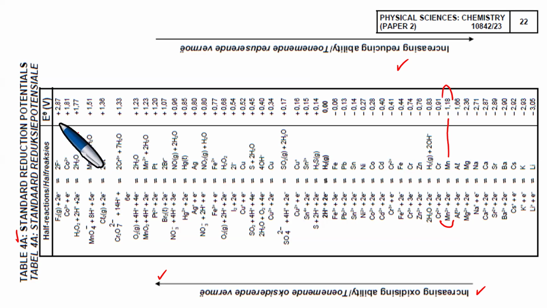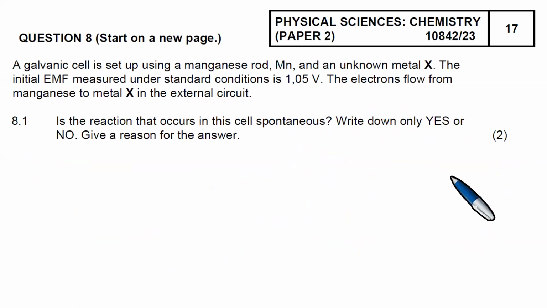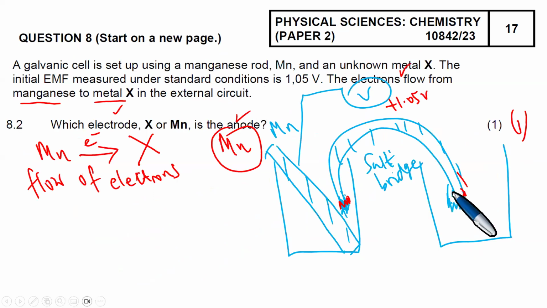The E theta value is minus 1,18 for manganese. So we're going to come here and write it down: minus 1,18 for manganese Mn. Now we can see that manganese 2 plus 2 electrons gives us manganese in its stable state according to the oxidation numbers, grade 11s. You need to recall oxidation numbers.